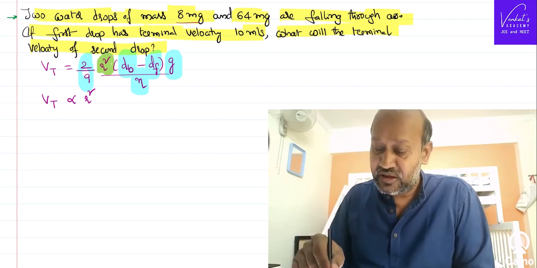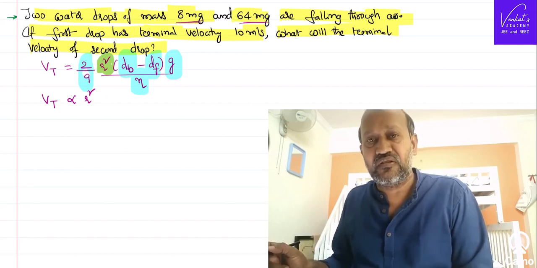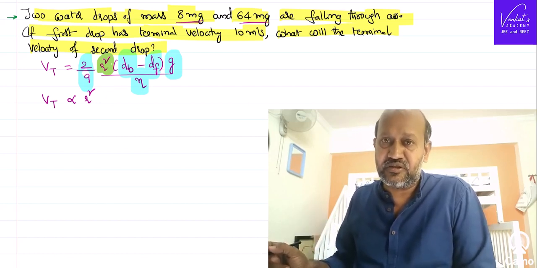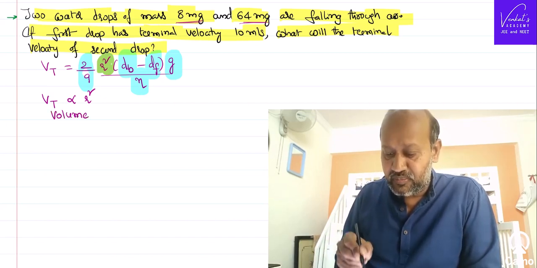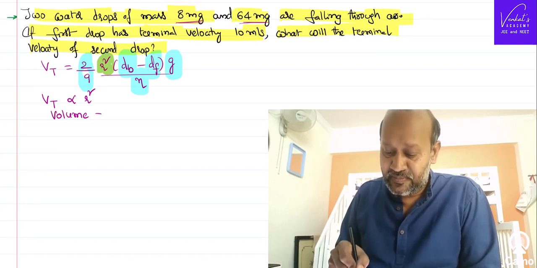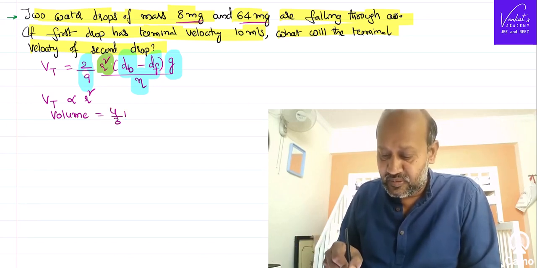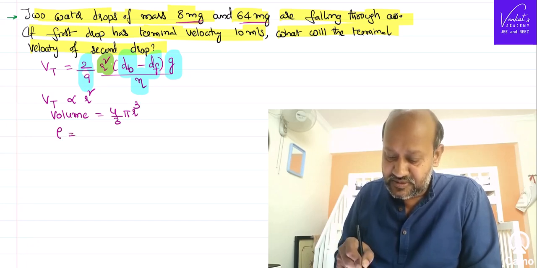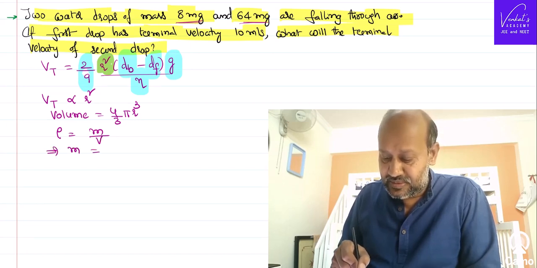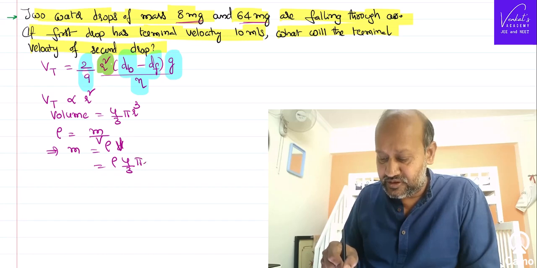But that radius is not given for you in the problem, rather mass is given. So I need to convert this radius into mass. Basing on what? The volume of that spherical drop, assuming these drops are spherical, is 4 by 3 pi r cube. Density of the drop is mass by volume, and hence mass is density into volume, that is density into 4 by 3 pi r cube.